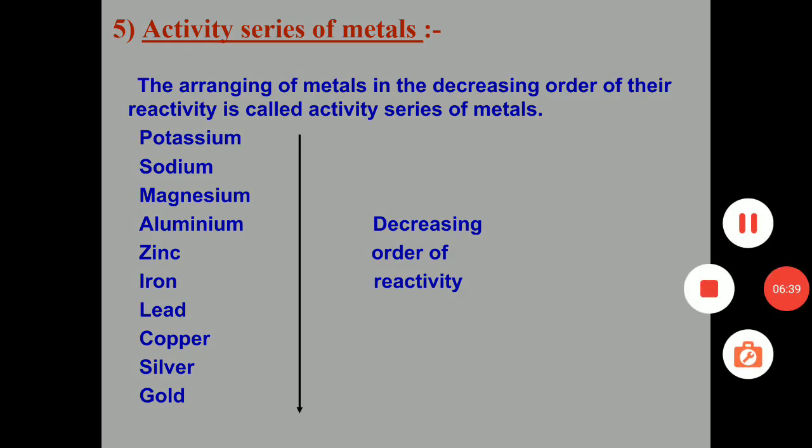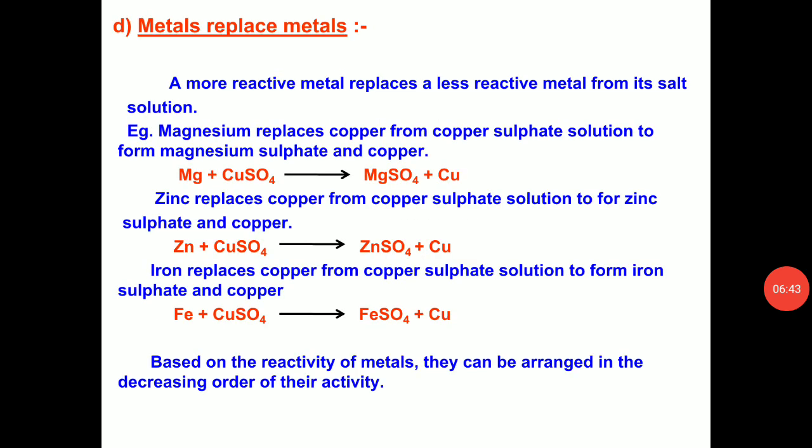For example, magnesium reacts with copper sulfate to give magnesium sulfate and copper. Here magnesium is more reactive than copper. So magnesium replaces copper from its salt solution and it forms magnesium sulfate.